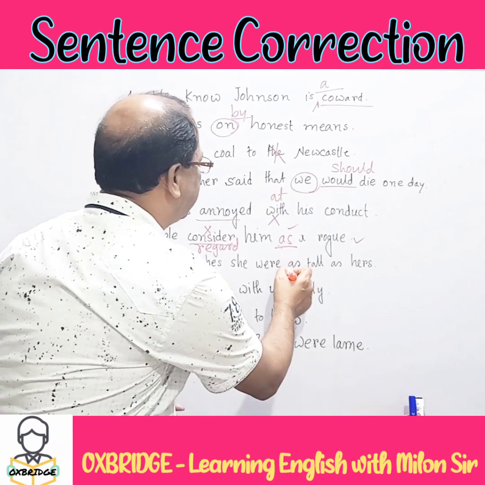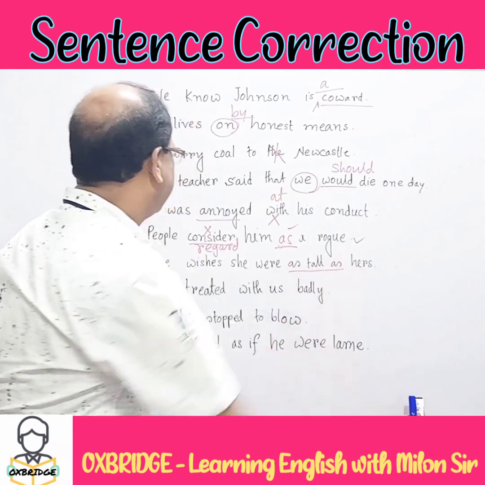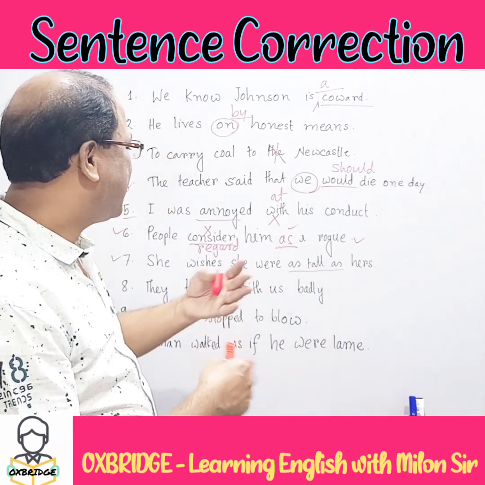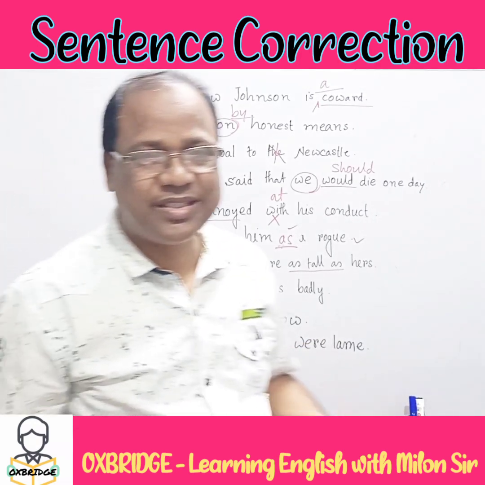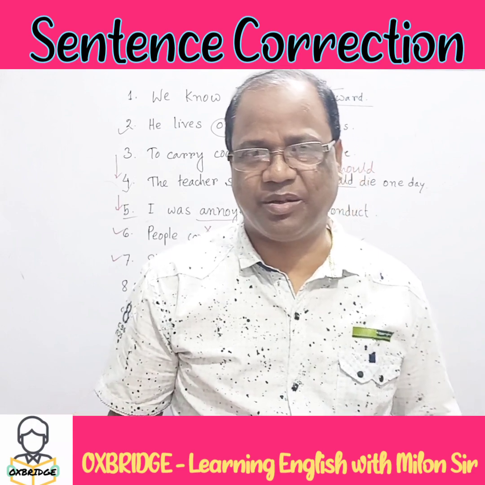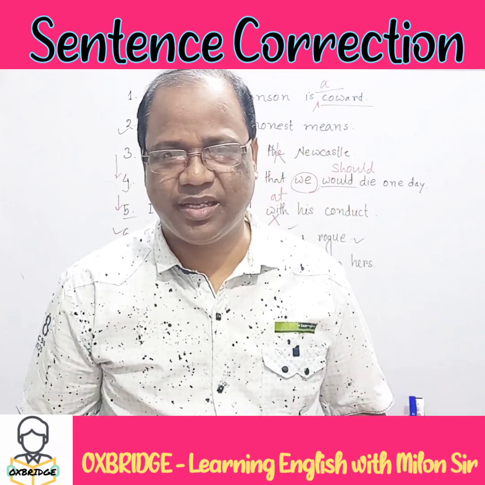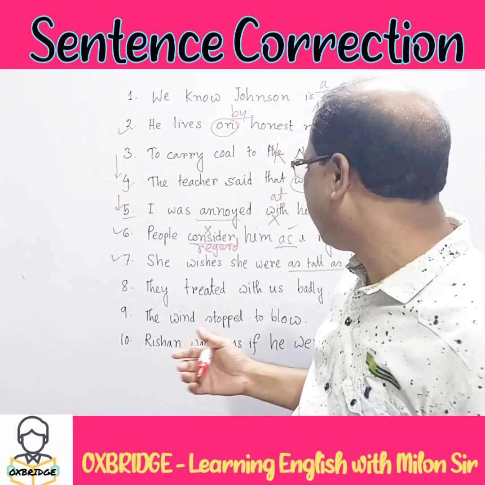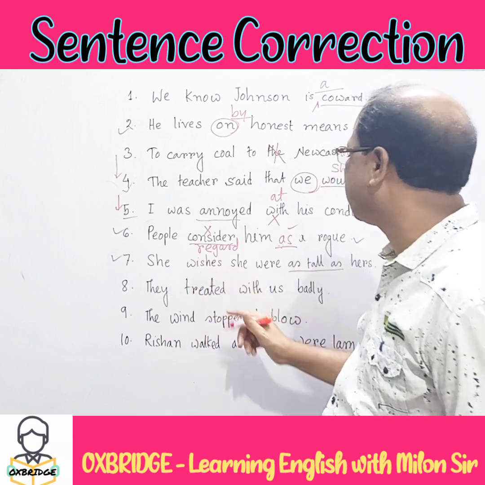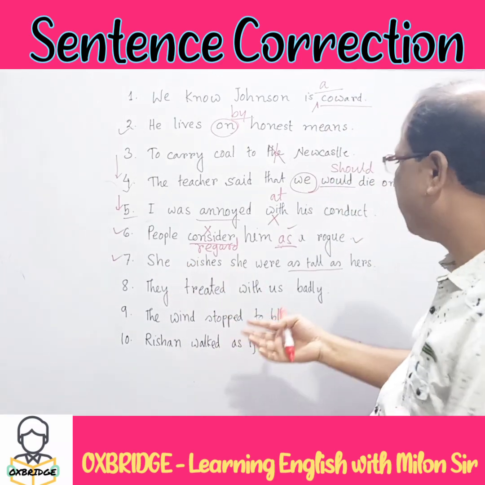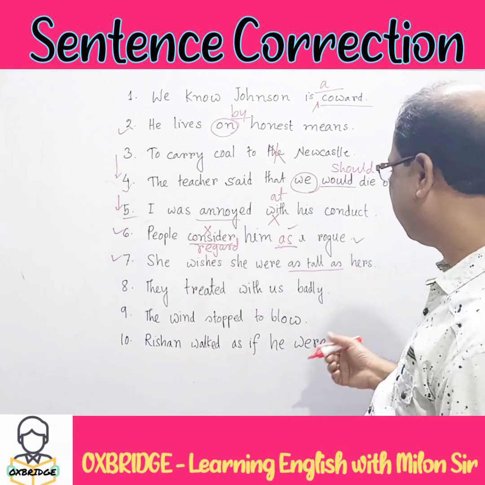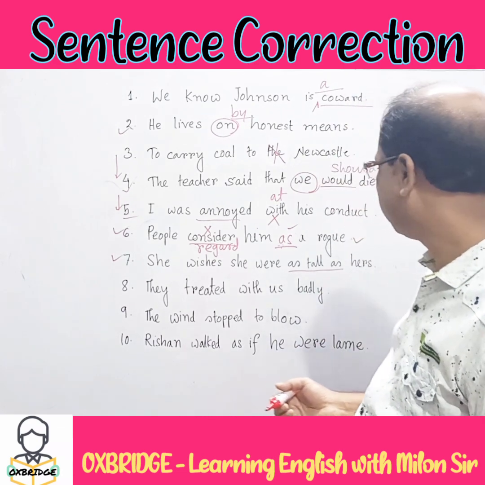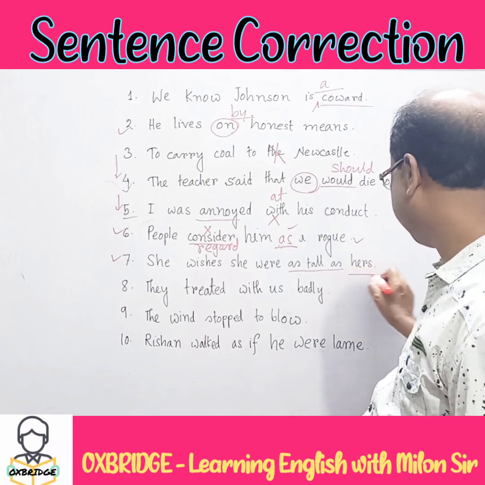We know that the sentence is given in the positive form, that is, we know about the comparison of adjectives. She wishes, that is, she desires for, she were as tall as hers. Dear guys, here is the problem.